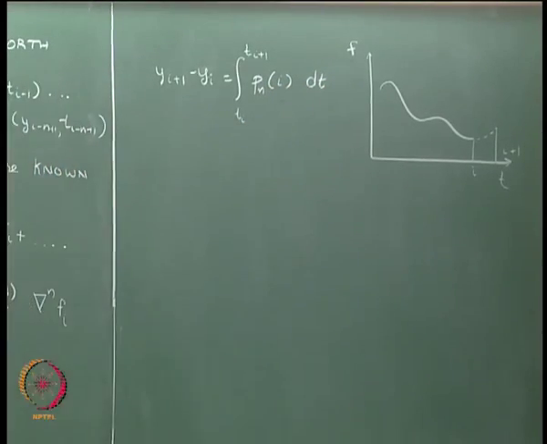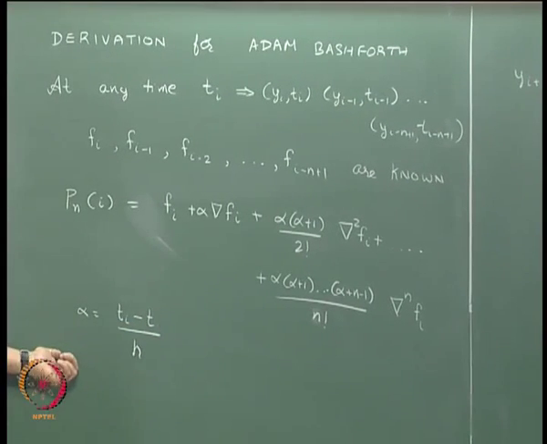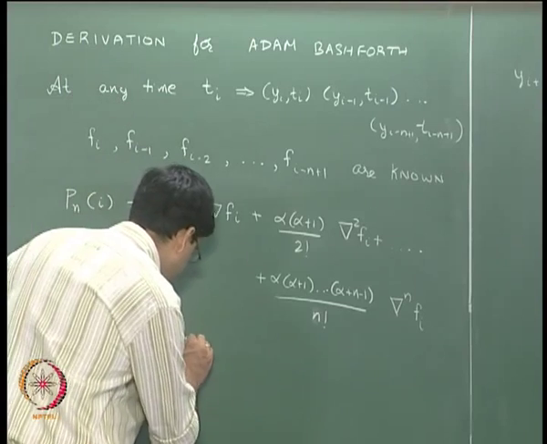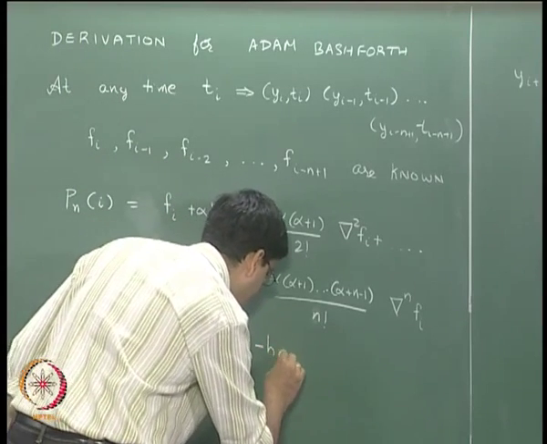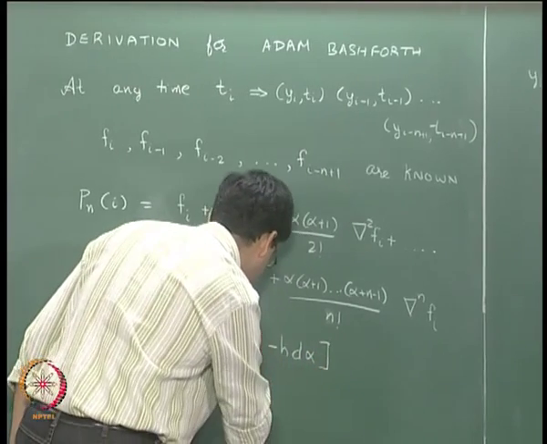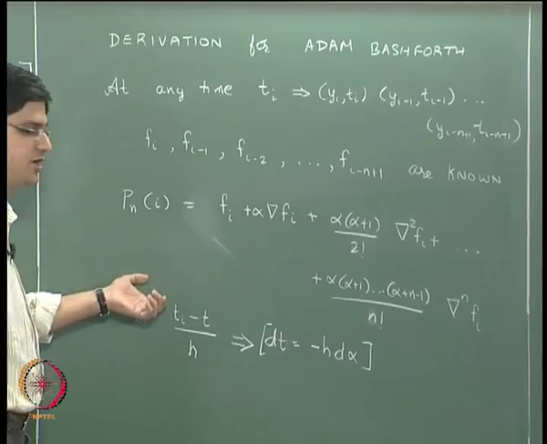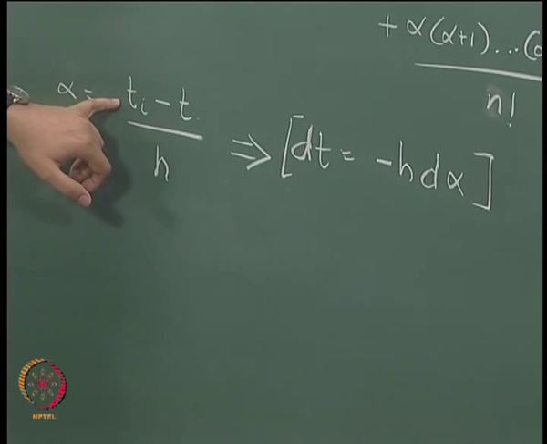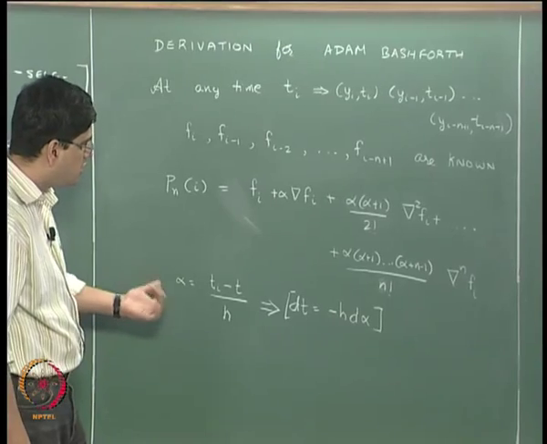Now, based on this particular equation dt is going to be equal to minus h times d alpha. And note that we are integrating from Ti to Ti plus 1, Ti represents 0, Ti plus 1 equal to minus 1.